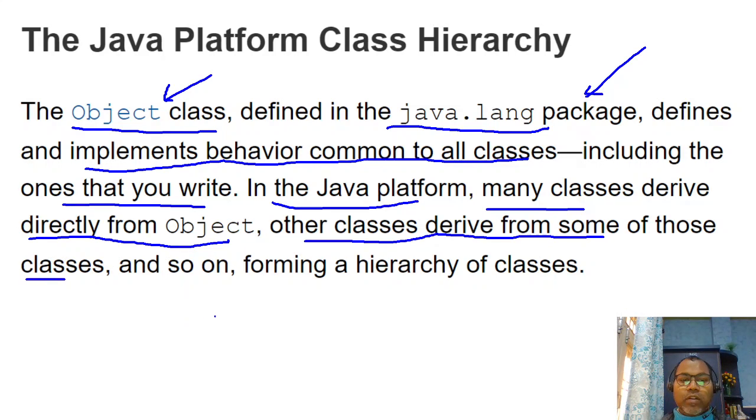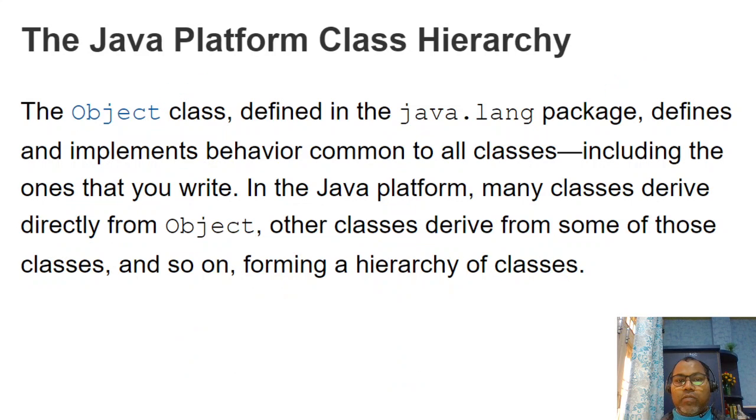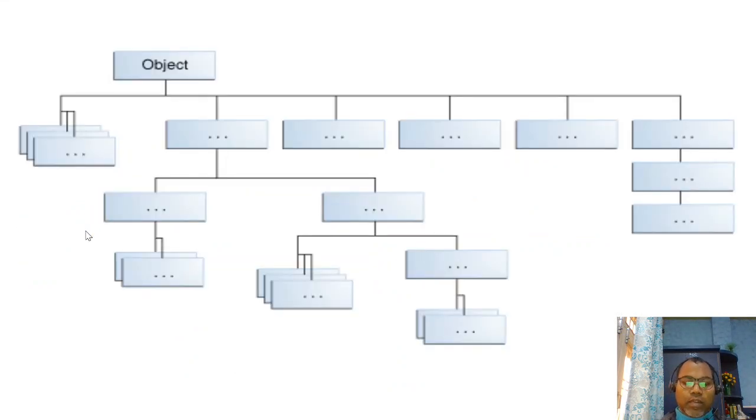So by default you can inherit directly from your Object class, or in an indirect way, your class is part of the Object class hierarchy. This is the class hierarchy.